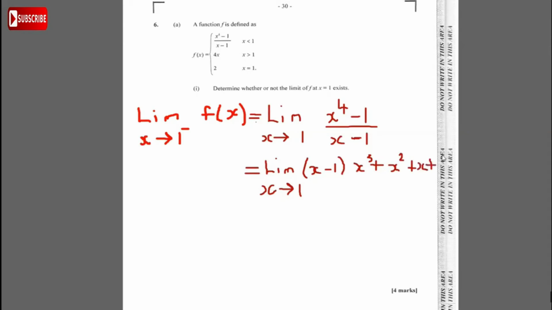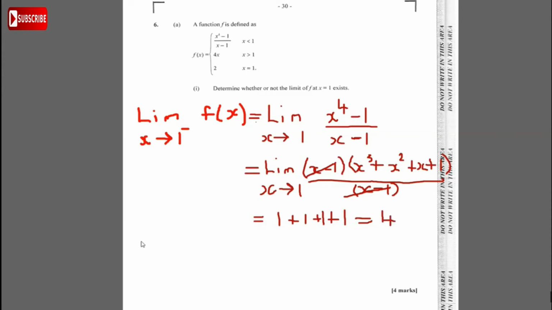And so now all of this is being divided by x minus 1, so x minus 1 cancels. Then you plug in 1 now and you get 1 cubed plus 1 squared plus 1 plus 1. And you add those and you get 4. So that's the left-hand limit.